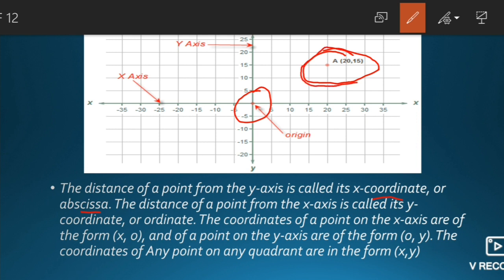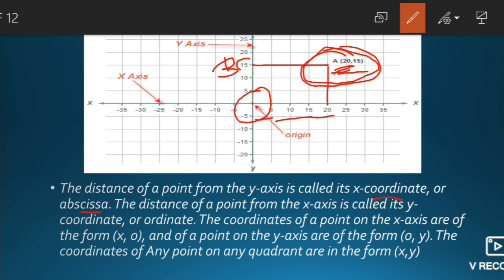If you take this point A with coordinates (20, 15), and draw perpendiculars to the x-axis and y-axis, the distance of point A from the y-axis, which I am marking as AB, will be 20.